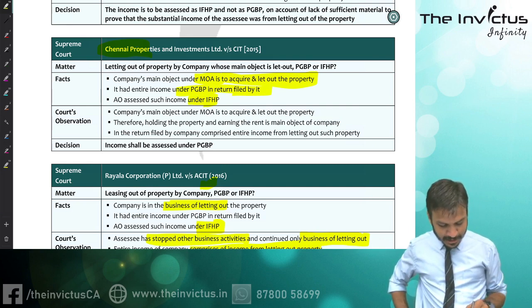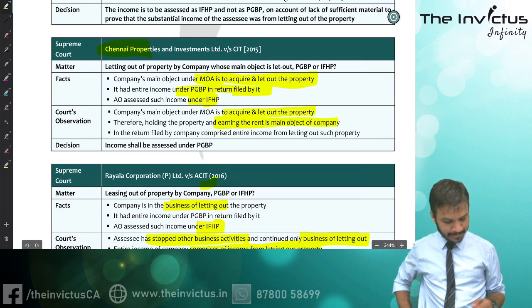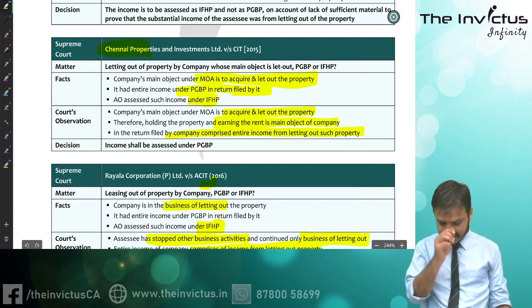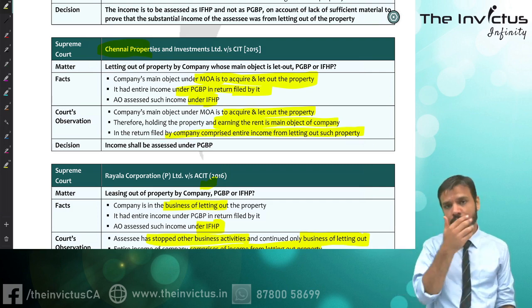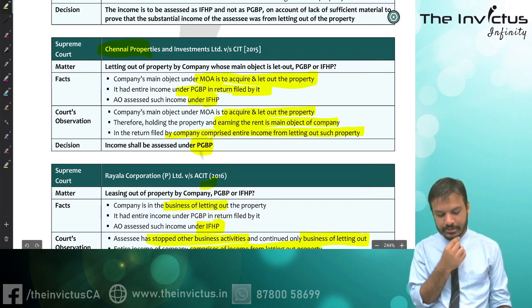The company's main object under the MOA is to acquire and let out property. Therefore, holding the property and earning rent is the main object of the company. In the return filed by the company, the entire income comprised letting out of such property also, right? So in the return also there is only one income, that is letting out. The court said that the income shall be assessed under PGBP.